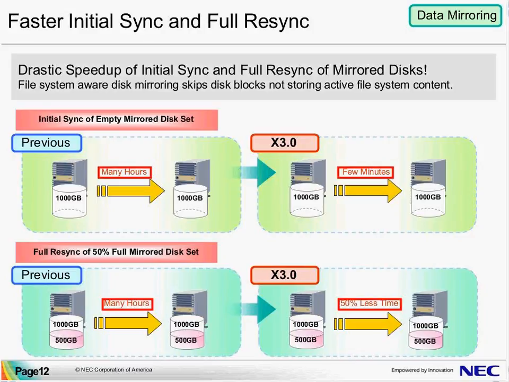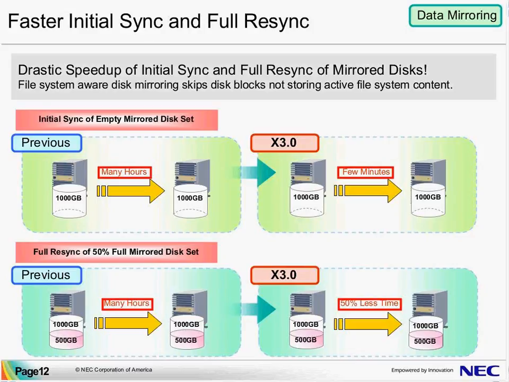So in the top part of the slide here, if there's an initial disk with a 1,000 gigabyte capacity, but no data is actually on there, ExpressCluster will skip over most of the copying of the data. So instead of doing it in a few hours, it can complete the initial setup mirroring in a few minutes. So it's a very dramatic speed up compared to previous versions.